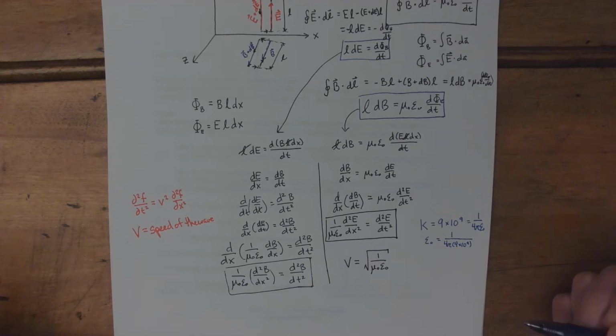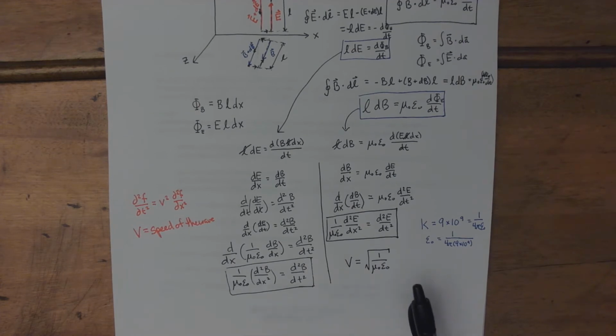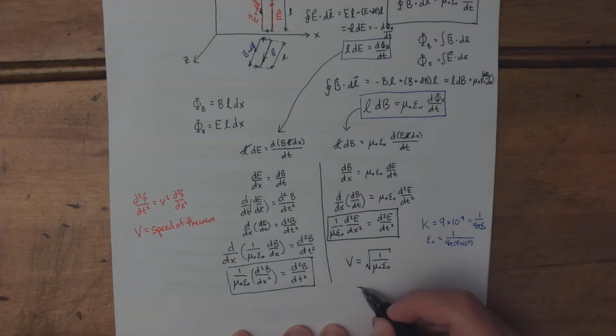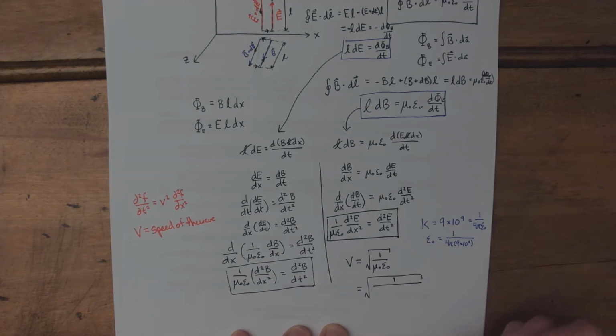Okay, and then I'm going to put that in for epsilon naught, and mu naught, remember, is 4 pi times 10 to the negative 7. So epsilon naught is 1 over this, so since epsilon naught is in the denominator, the 4 pi times 9 times 10 to the 9th would go in the numerator, and mu naught is 4 pi times 10 to the negative 7th.